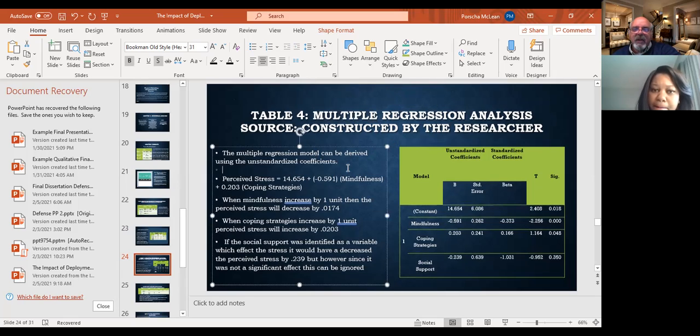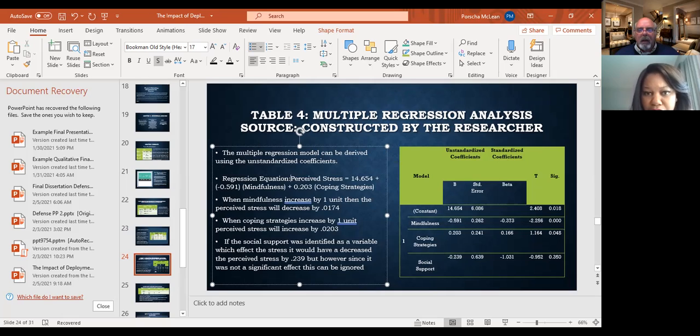But where it says perceived stress, right in front of perceived stress, just type in "regression equation:" Good, right? So the DV is perceived stress, and then you got your constant, which is 14.6, and so on. You got your mindfulness coefficient, which is negative 0.591, and then you got your coping strategies. That is perfect.